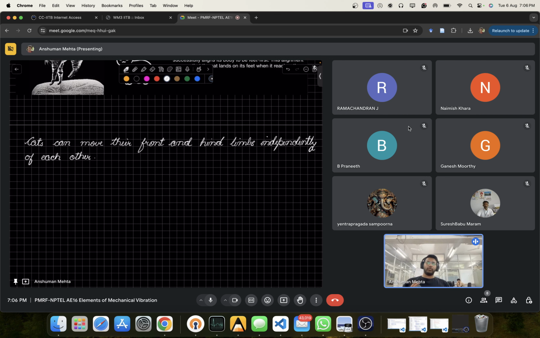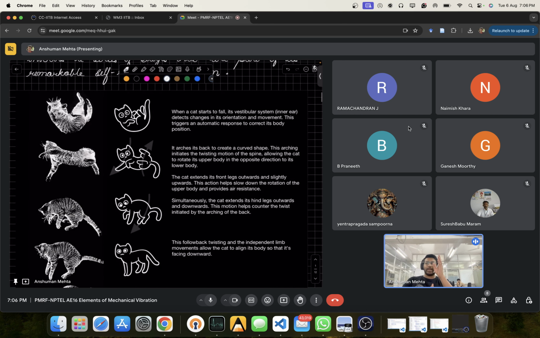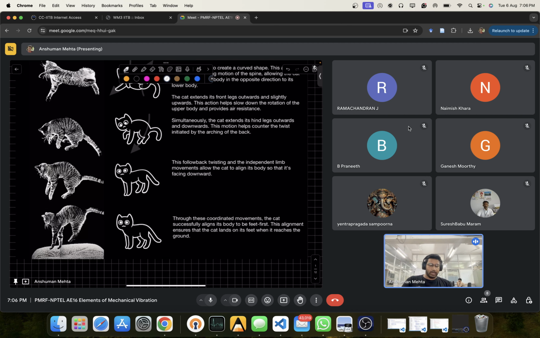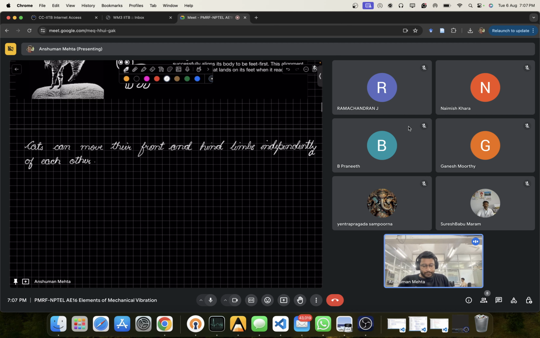See, the cat can move, as you can see in the figures. If you divide the cat from the middle, you can see that the cat is trying to move its front as well as its rear limb independently, trying to rotate in some manner. What is that manner? We will talk about it in a while.